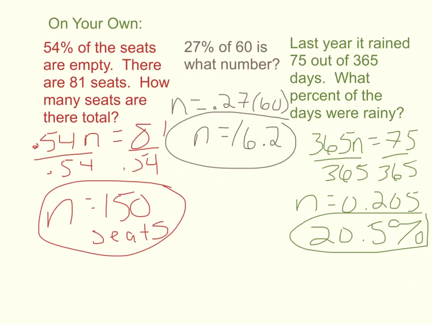In the second one, also notice I turned my 27% into 27 hundredths before I multiplied it by 60, and got that 16.2 is 27% of 60. And the last example, I got my answer to be 205 thousandths, and I multiplied that by 100 to turn it into 20.5%.